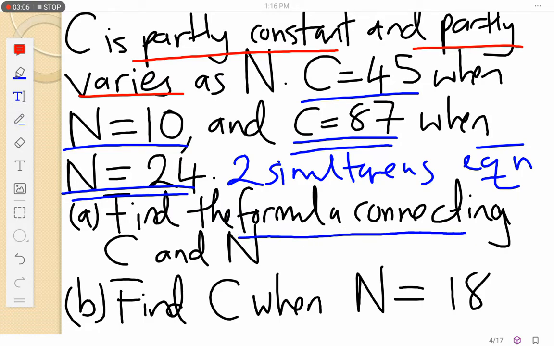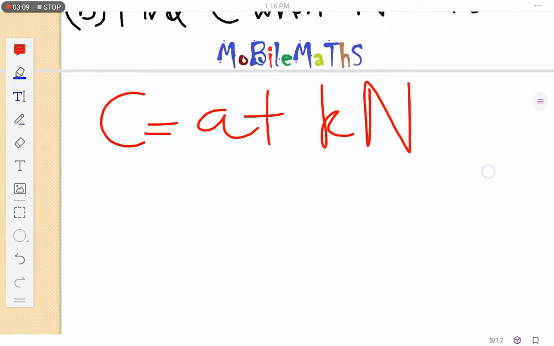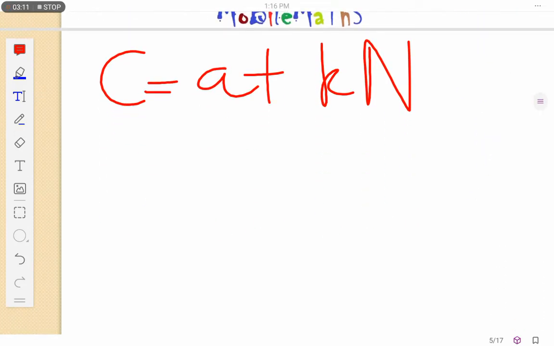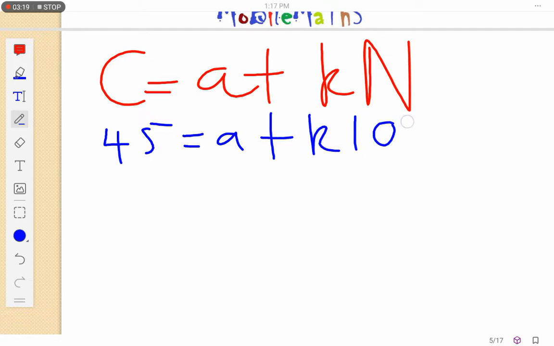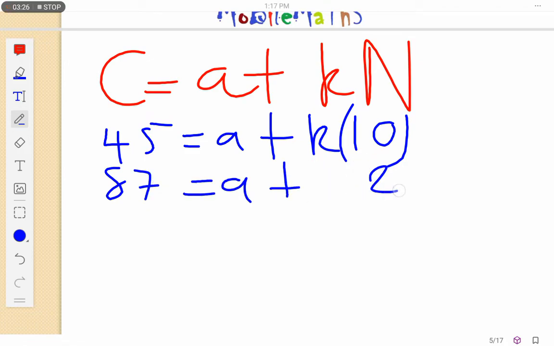Let's do that. Okay, so the values that we are given are, we've got 45 is equal to A plus K and a 10 there. Then the second one, I've got 87 is equal to A plus K and 24 there.